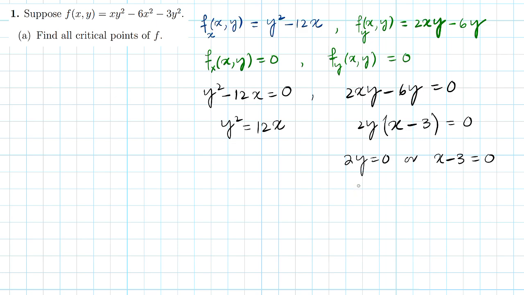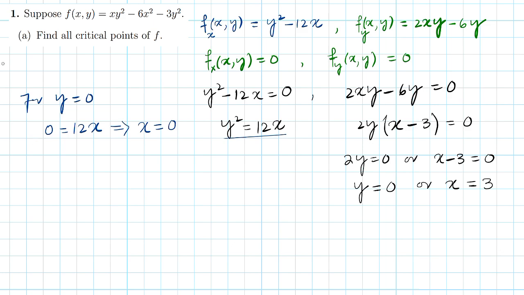From the first equation we get y equals 0, and from the second equation we get the value of x, and that is 3. So here we have two cases. For y equal to 0, the first equation, y squared equals 12x, would become 0 equals 12x, and we get x equals 0.